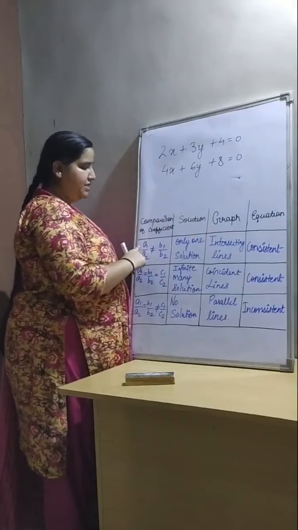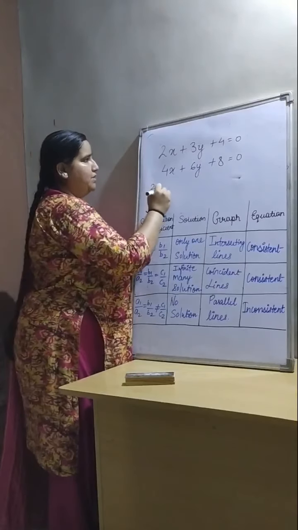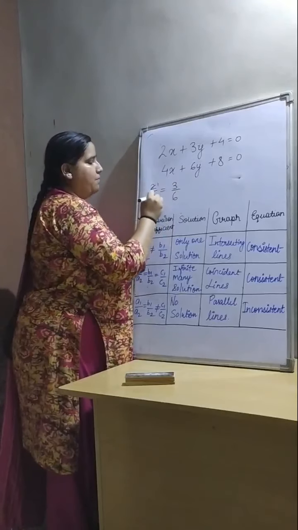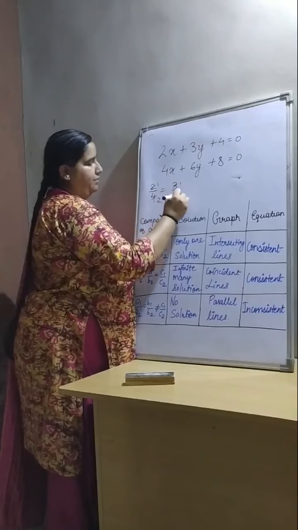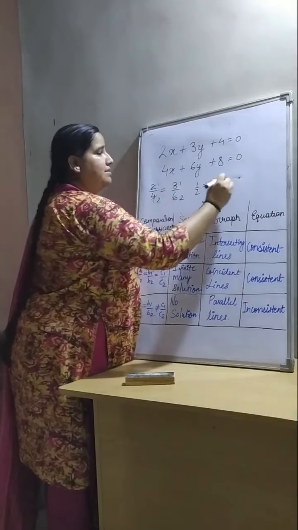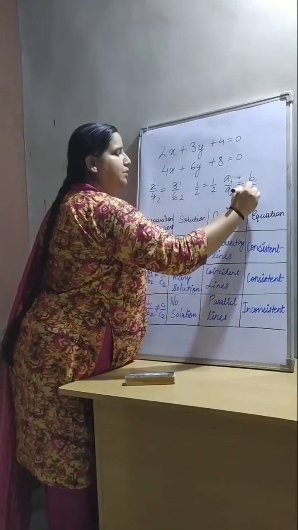First, we check whether a1 by a2 is equal to b1 by b2 or not. If I cancel it out, it becomes 1 upon 2 and 1 upon 2. That means 1 by 2 is equal to 1 by 2, so a1 by a2 is equal to b1 by b2.